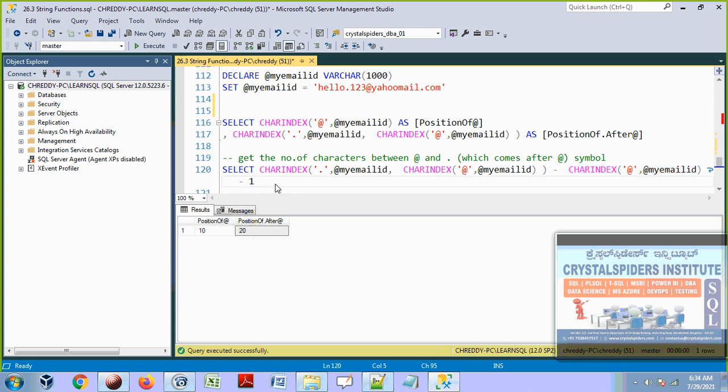Then I will get the number of characters between @ and dot, excluding the @ and dot positions. From the 11th to the 19th, how many characters are there? So this will give the number of characters from this symbol to this dot symbol. Okay, total 9. Let's execute this one.